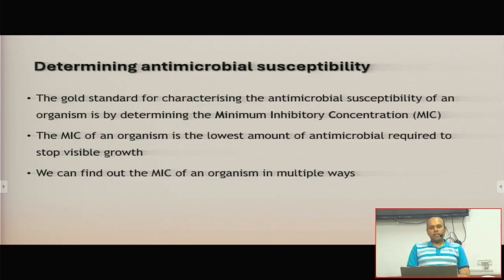So, determining antimicrobial susceptibility. Everyone knows what antimicrobial susceptibility is. It is a test to determine whether the bacterium is sensitive, resistant, or has an intermediate level of resistance to an antibiotic. The gold standard for characterizing the susceptibility of an organism is determining the minimum inhibitory concentration, MIC.